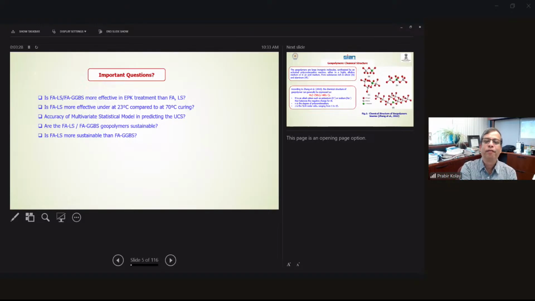Now for the geopolymer, when you add the pozzolanic material, you also need to add sodium hydroxide and sodium silicate, these two things, and you need to increase the temperature.